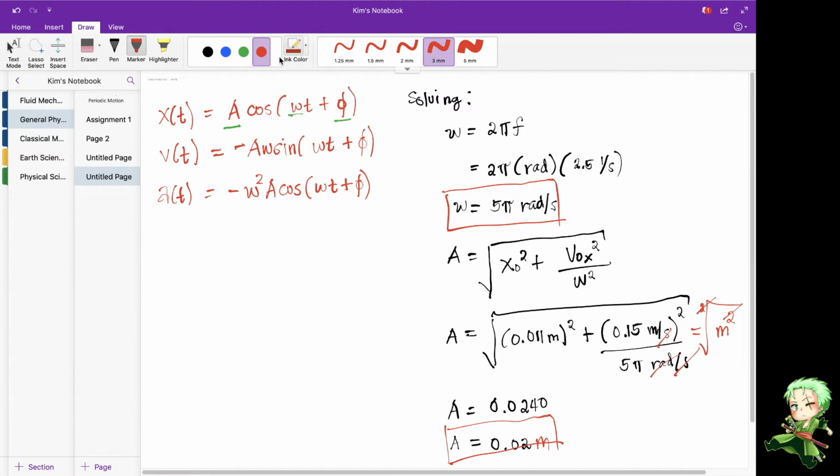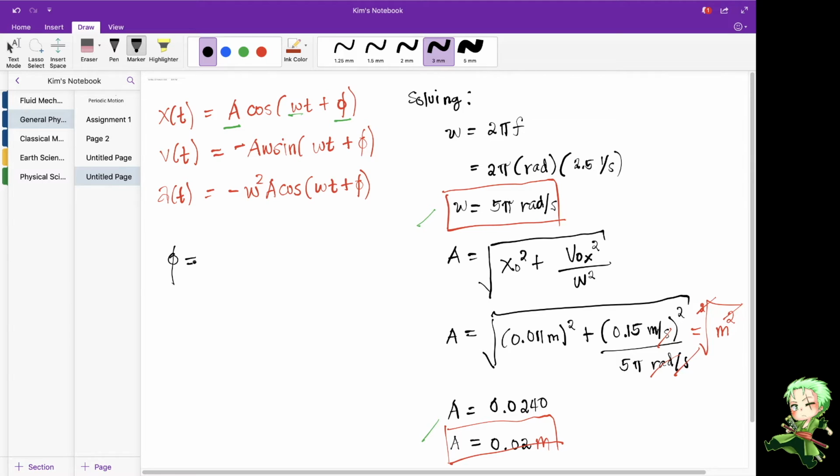So we already found omega and amplitude. The last thing to solve in order to build our equations above is the phase angle phi. We already derived this in class, so we are going to use that formula in finding the value of phi.